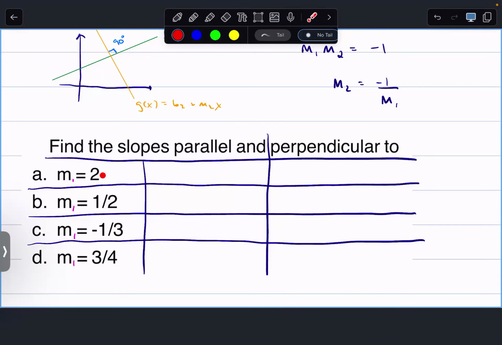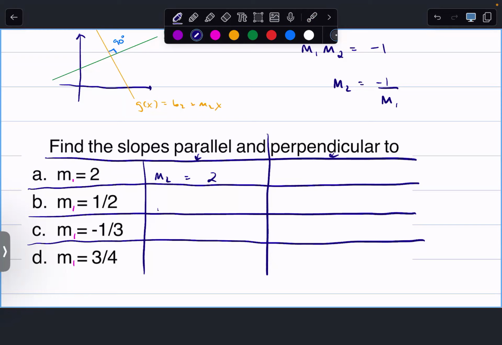So here, if I have some first slopes, then my second slope, if it's parallel, is easy enough. They have to be the same by definition of having parallel slopes. So here, M2 must be 2, right? And I'm doing parallel here and perpendicular here. Kind of a weird grid setup.